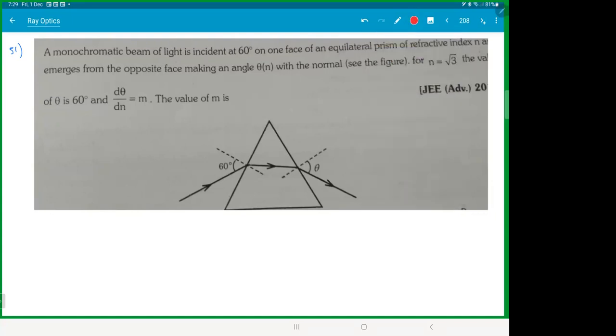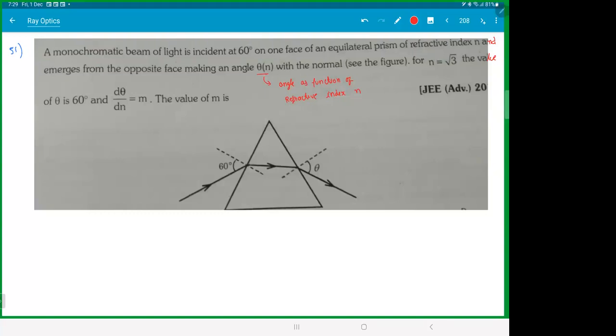Here n is the refractive index, so it's an angle as a function of refractive index. Meaning if you change mu, theta also changes. For n equal to √3, the value of theta is 60 degrees, and d theta by dn is the value of... वो wording से देखो कुछ weird है.